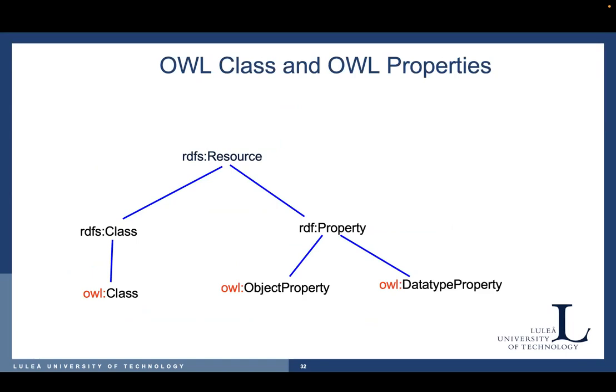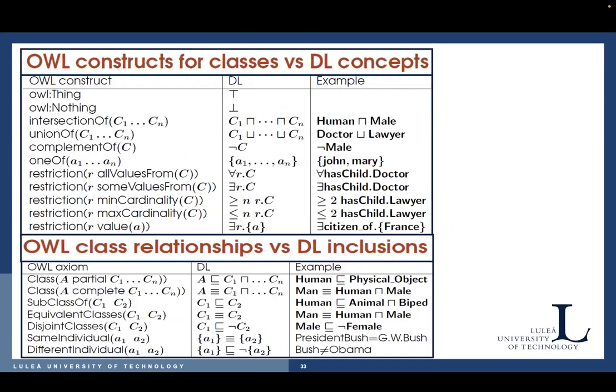This is the highest-level hierarchy of classes and properties, and here are some constructs that are used. No stress, you wouldn't need to know it by heart, it's just for your visual reference.